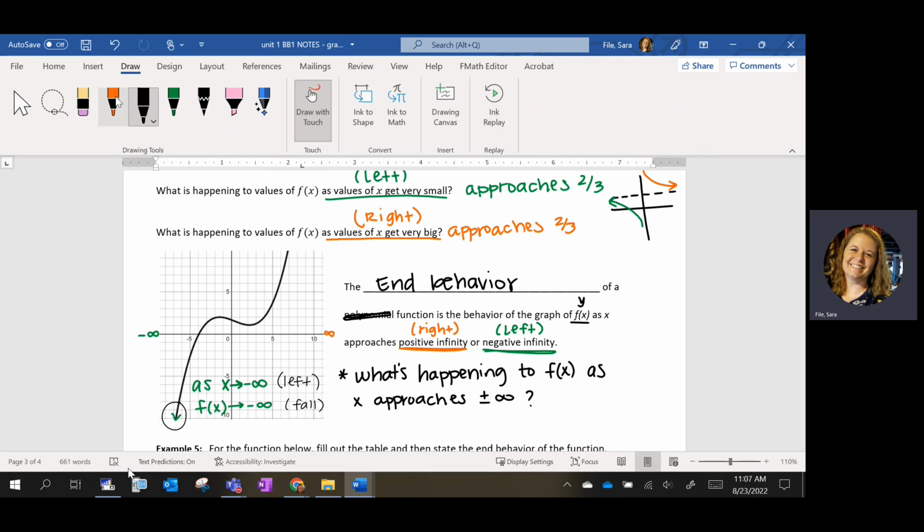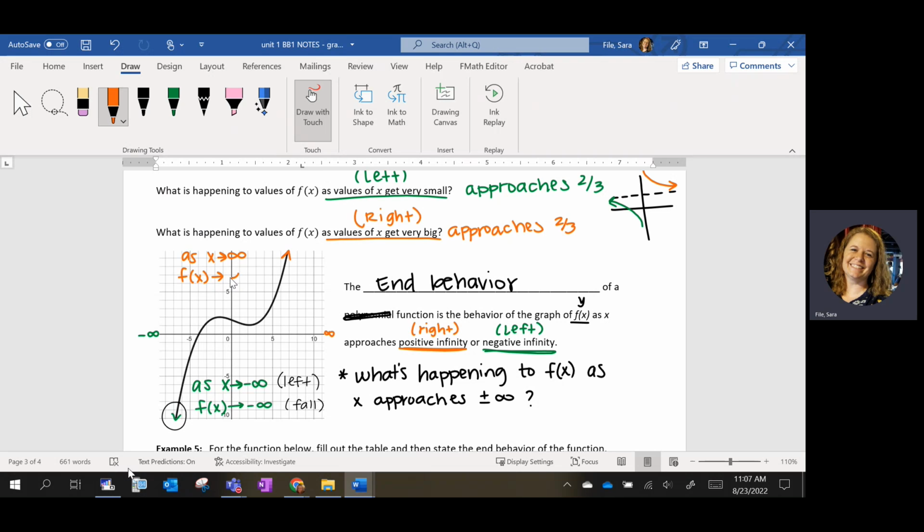Now on the right side, I would say as x approaches positive infinity, okay, so as we're going to the right, f of x approaches, so that's y. What is y going toward on this side?